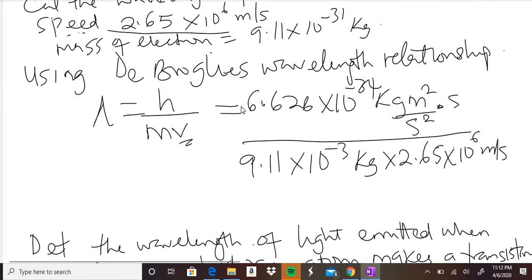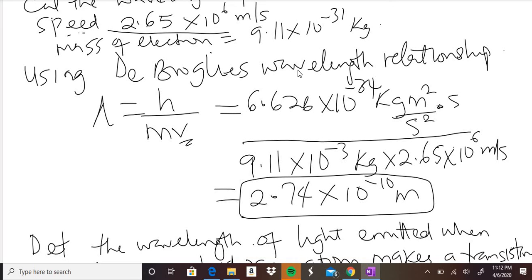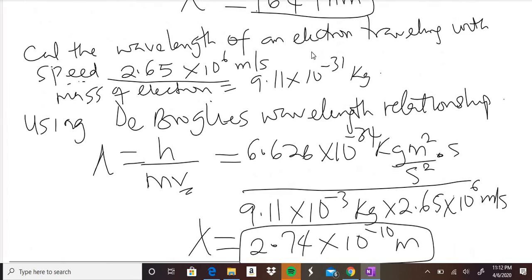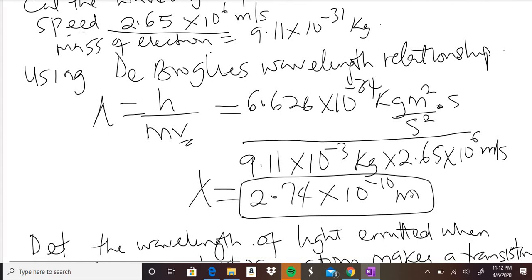So when we plug this into our calculator, it's gonna give us 2.74 times 10 to negative 10 meter. So that gives us the wavelength. The question did not ask us to find the wavelength in nanometer, so we can leave our wavelength in meter.